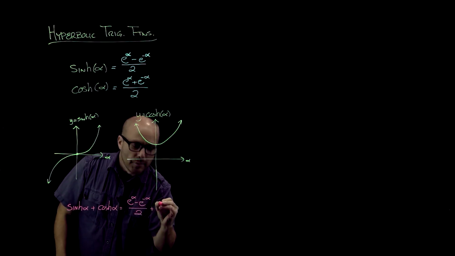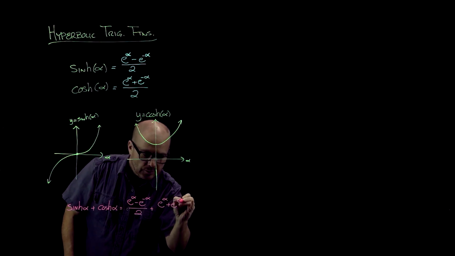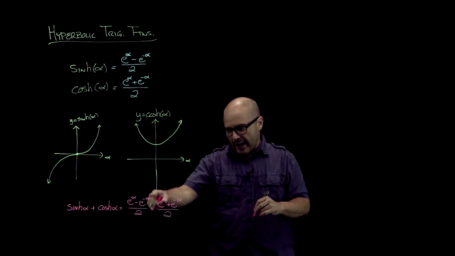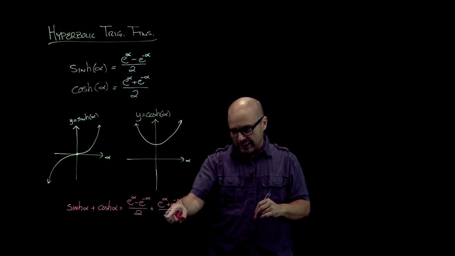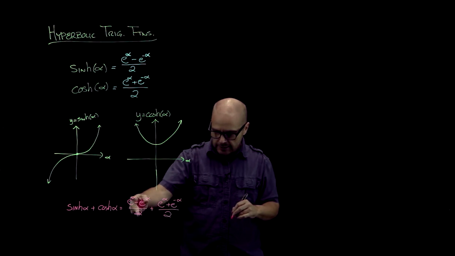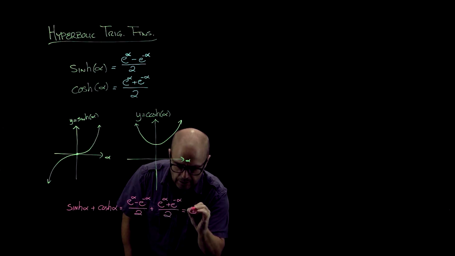And then when you add hyperbolic cosine, you get e to the alpha plus e to the negative alpha over 2. And that half of an e to the negative alpha and that half of an e to the negative alpha cancel because they've got opposite signs. And the e to the alpha is reinforced. This is just e to the alpha.